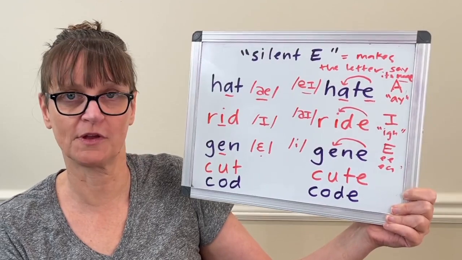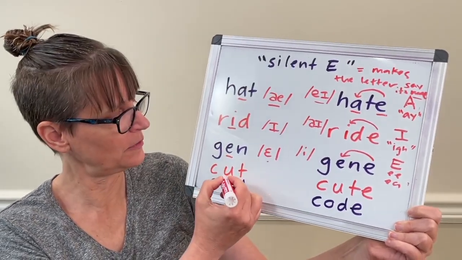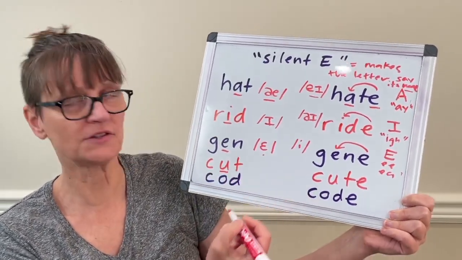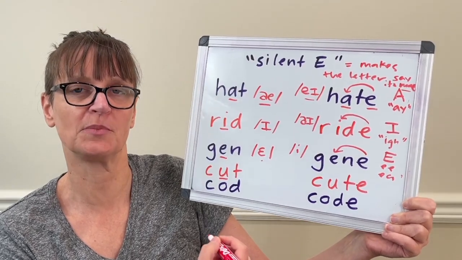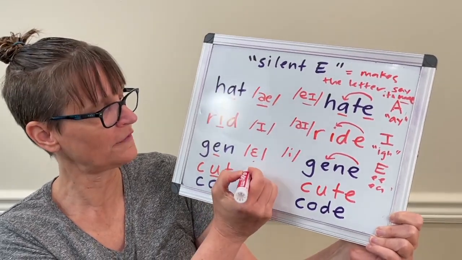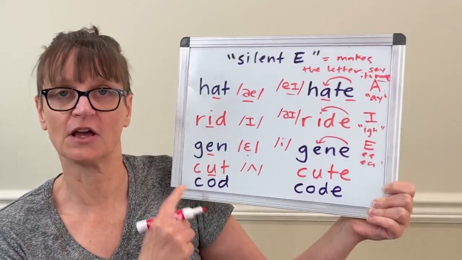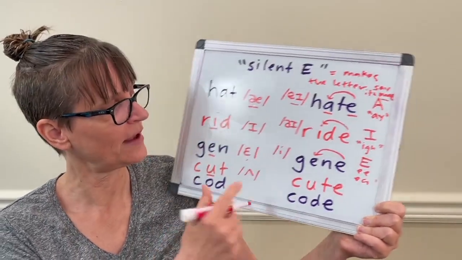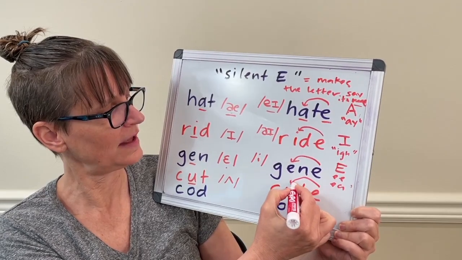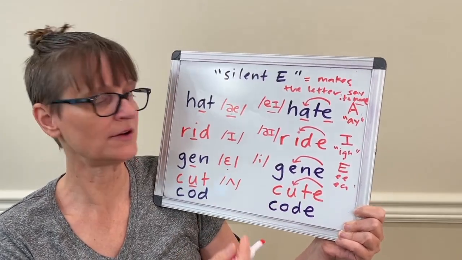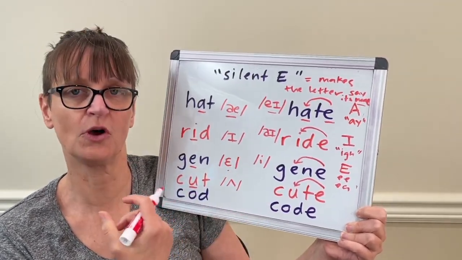This also works with the letter U. When U is by itself, it has a variety of different pronunciations. Oftentimes it's the sound like in cut or such. When we add the E, then we get the U sound, cute.